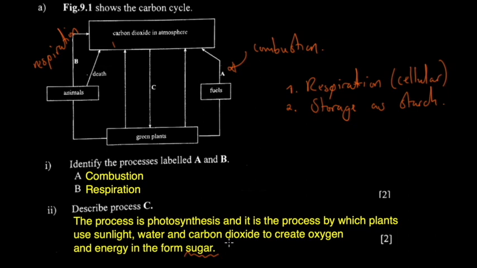The excess sugars we convert to starch and then store them. Why starch? Because starch is insoluble. It means it doesn't dissolve in water. So that's it: the process is photosynthesis, and then you describe what it is. It's important they say green plants here because not all plants photosynthesize. In general, green plants do.